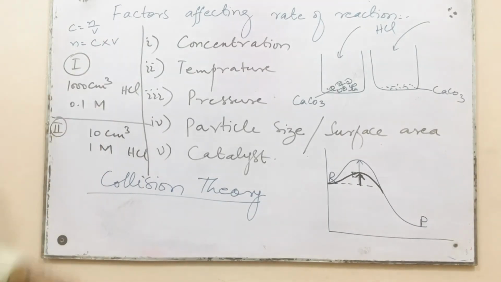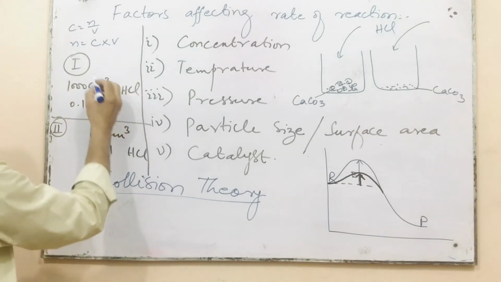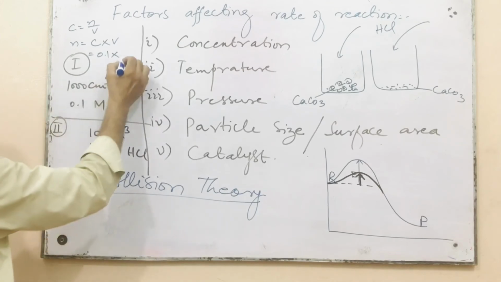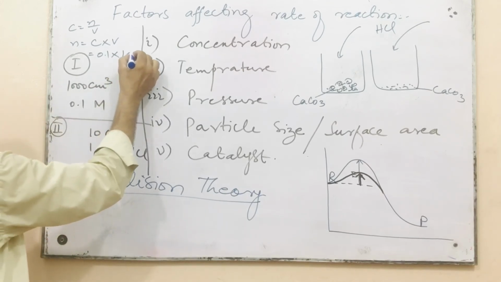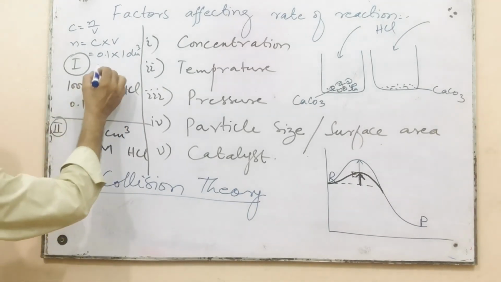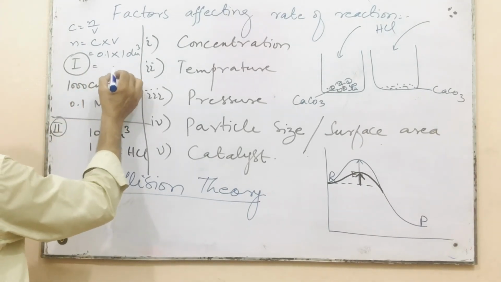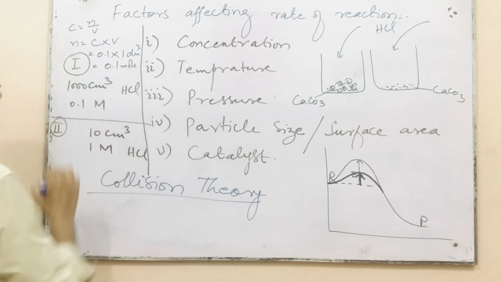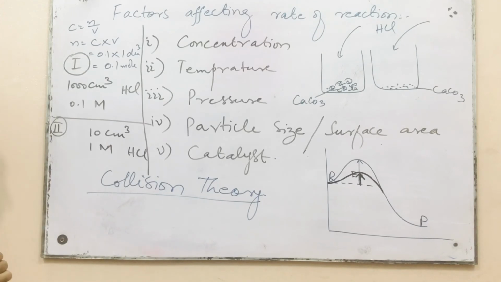volume in dm cube. If we calculate, concentration is 0.1 multiplied by volume is 1 dm cube, because we have to use the volume in dm cube in this formula. That's why the number of moles will become 0.1 moles. In this case, how much?